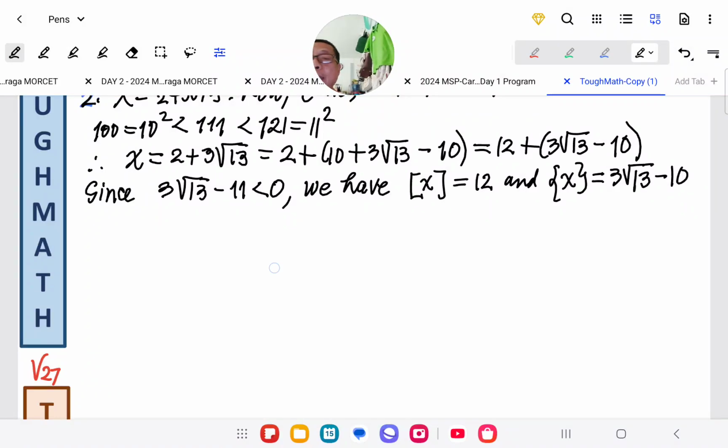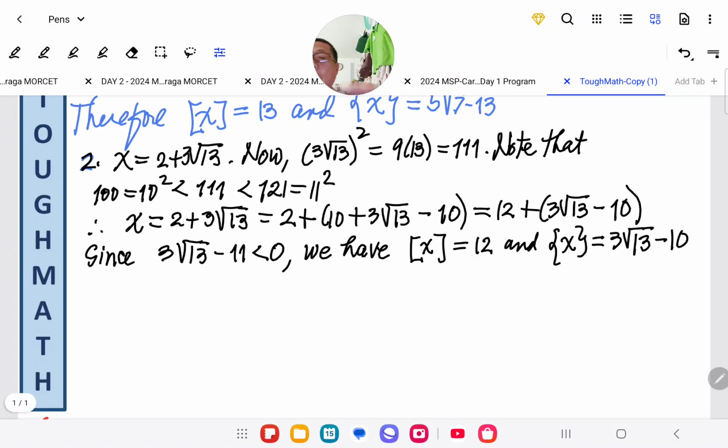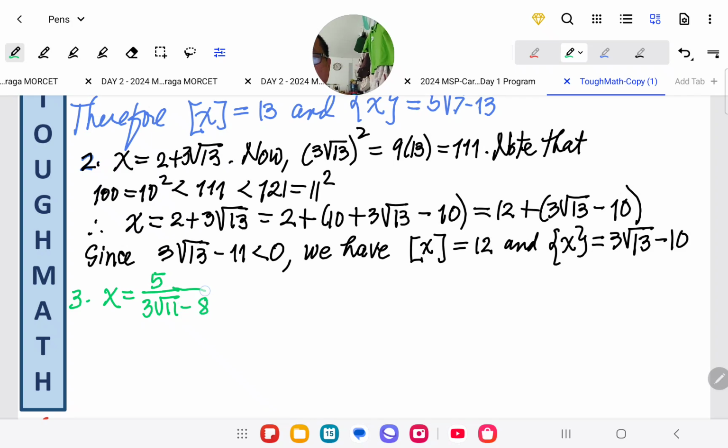And then for number 3, we have x is equal to 5 over 3 square root of 11 minus 8.